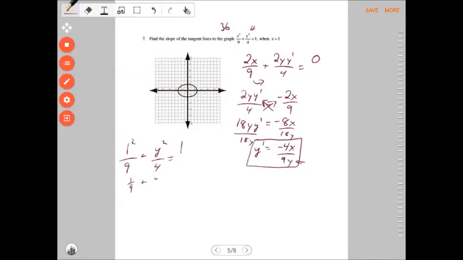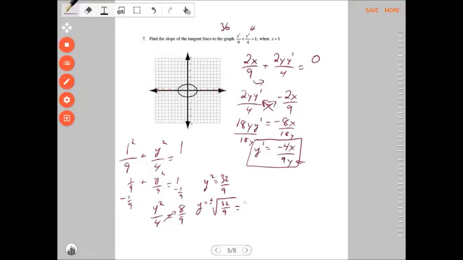Plus y squared over 4 equals 1, so minus 1/9 on both sides. 1 minus 1/9 is 8/9, right? So y squared over 4 equals 8 over 9. Then that 4 multiplies up, so you get y squared equals 32 over 9, and then we have to square root. So y equals plus or minus square root of 32 over 9.